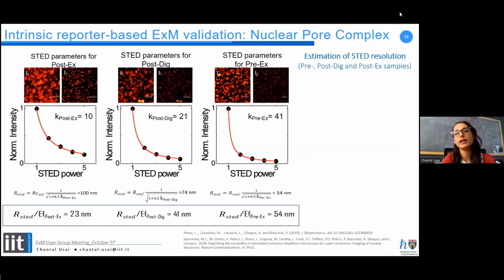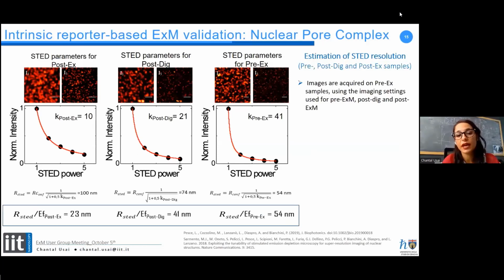The last thing we did was to try to estimate the resolution of our system. So first, we wanted to determine the optical resolution of solely the STED imaging.